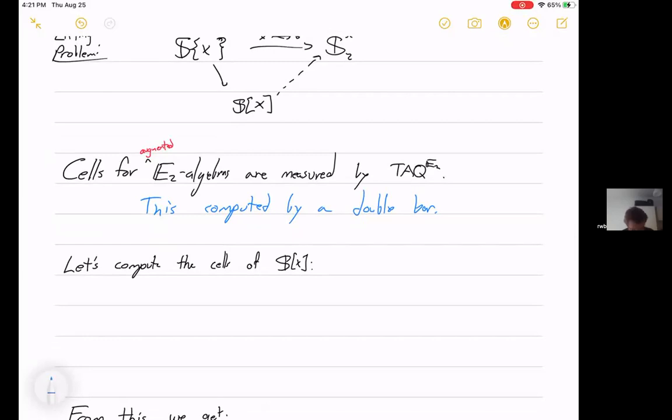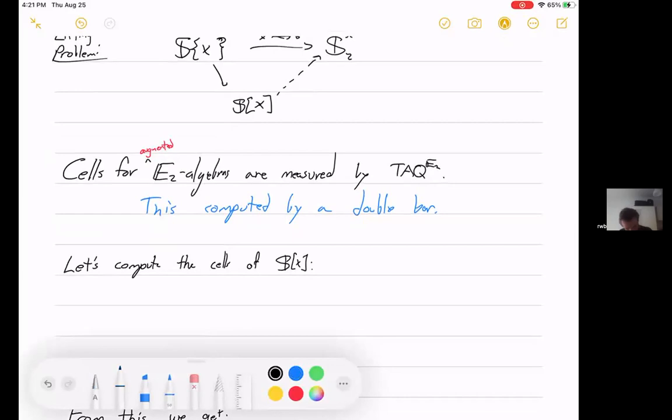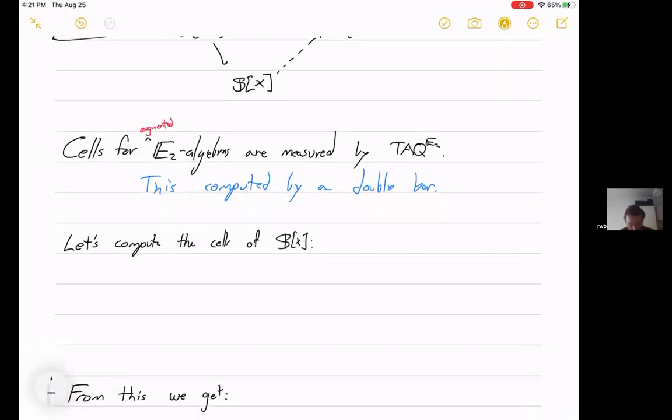Now we want to compute the cells of S adjoint X, so we need to compute the double bar of this thing. We want to compute the bar of S adjoint X along the augmentation that sends X to 0. By definition, that's the relative tensor product of the sphere over S adjoint X. The relative tensor product of a quotient over itself is one of these calculations you do about a million times in your life.